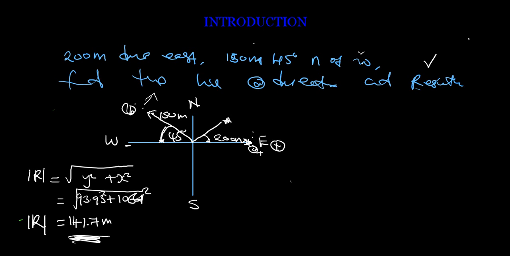So if we have the resultant like that, how do we find the direction? We had x and y, of which x was 93.93 and y was 106.1. We use tan theta equals y over x component to find the angle.